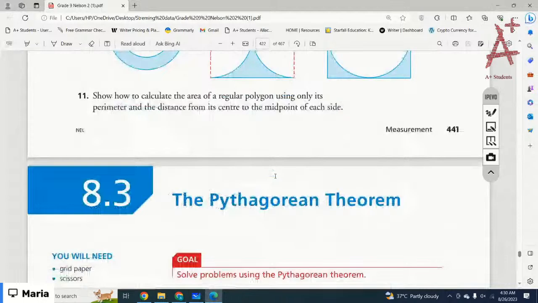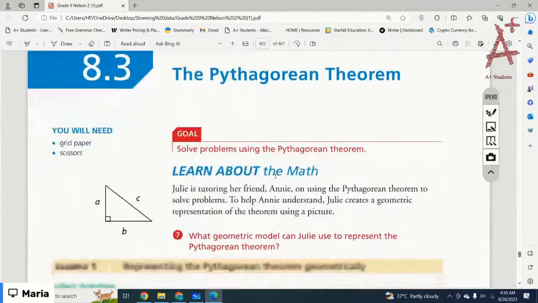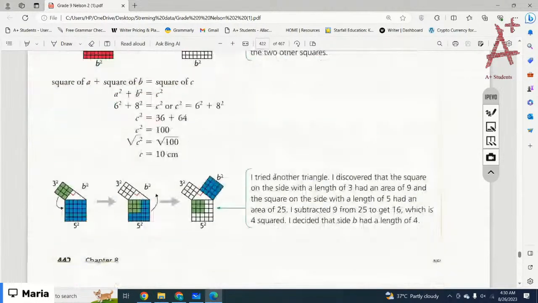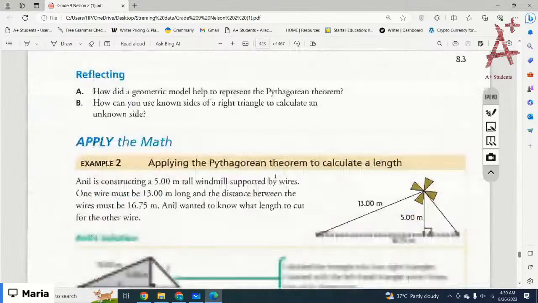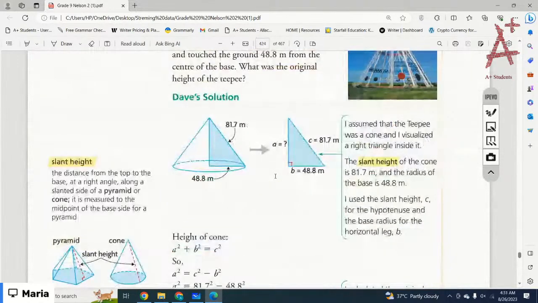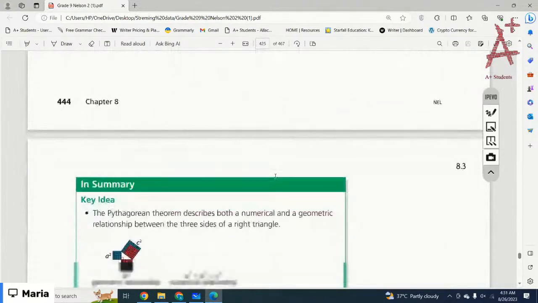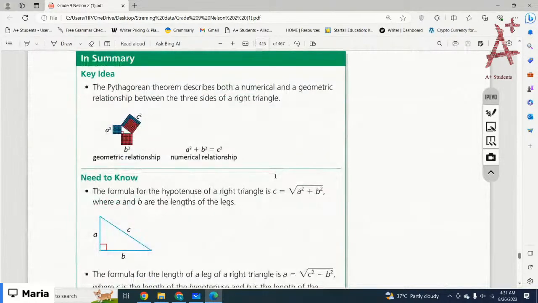Let's just move on to 8.3, that is the Pythagorean theorem. The Pythagorean theorem describes both a numerical and a geometrical relationship between the three sides of a triangle, right?